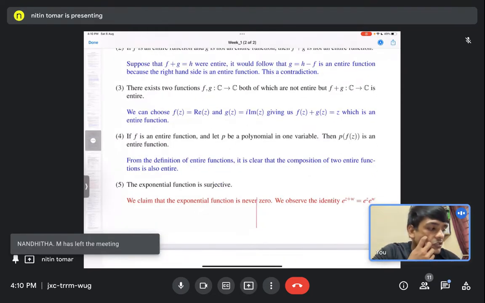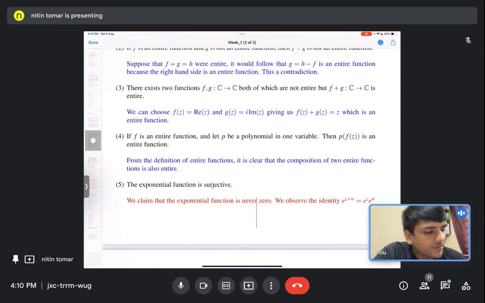Now the fourth question says: if f is an entire function and p is a polynomial in one variable, then their composition is an entire function. We know that a polynomial function is an entire function because it is differentiable at any given point, so hence it is an entire function, and the composition of two entire functions is again an entire function.